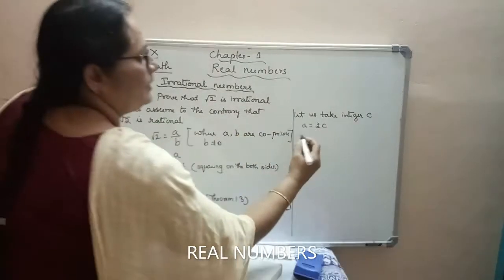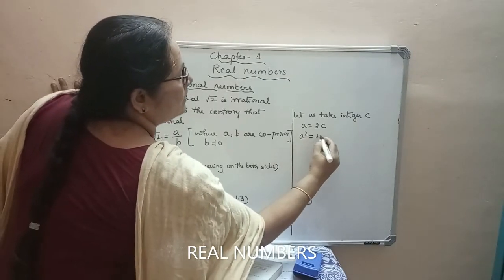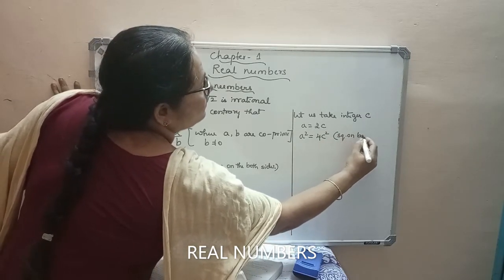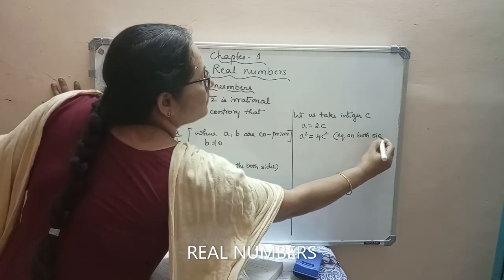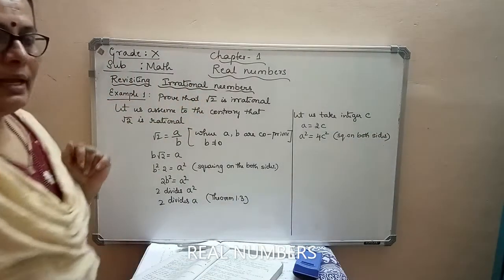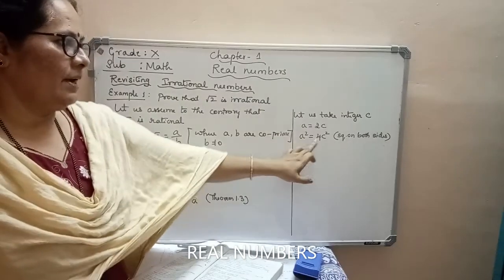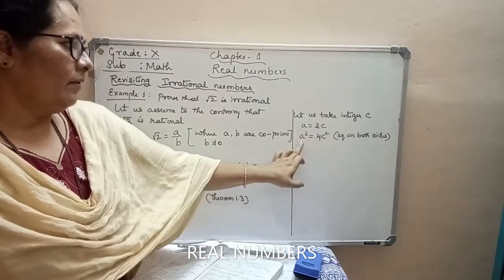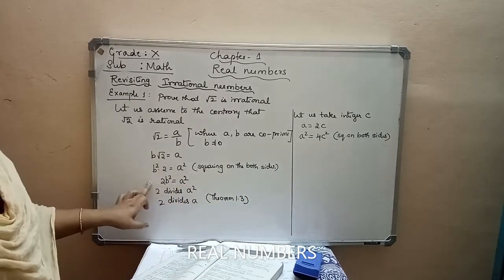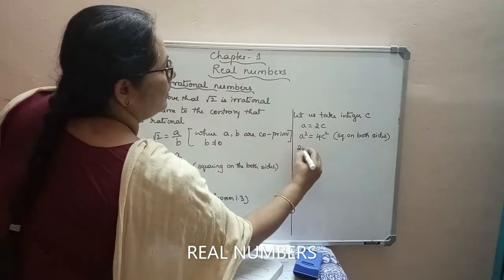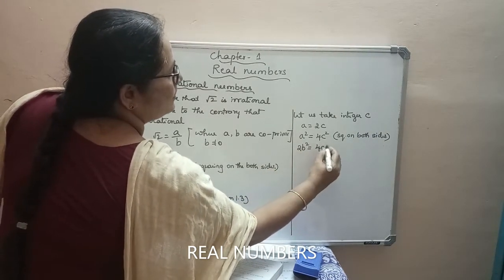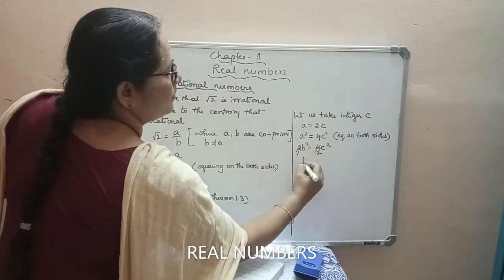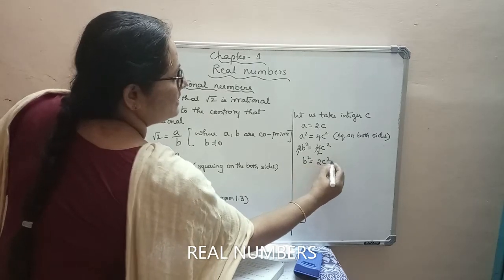Now again square it on both sides. You will get A square equals 4C square. What is A square? A square is 2B square. So 2B square equals 4C square. Dividing by 2, B square equals 2C square.